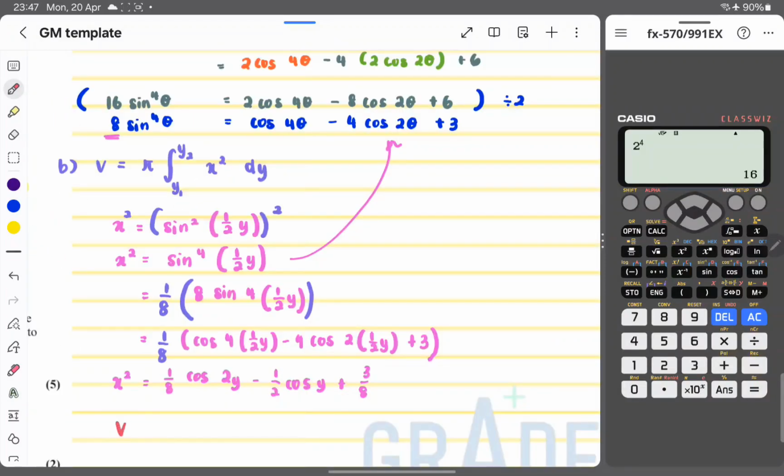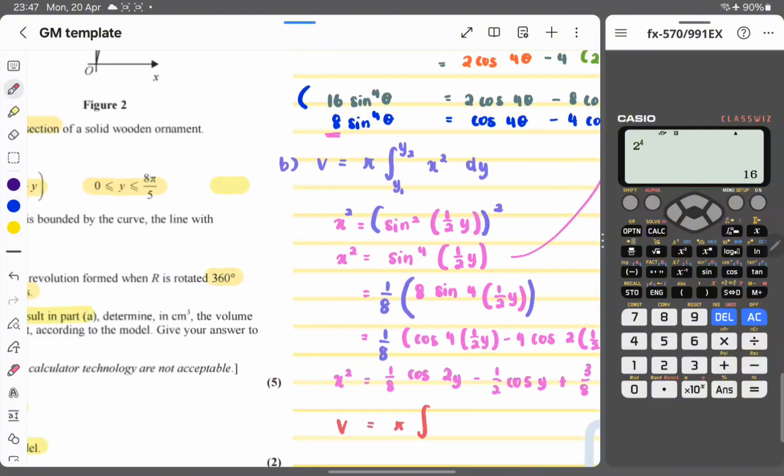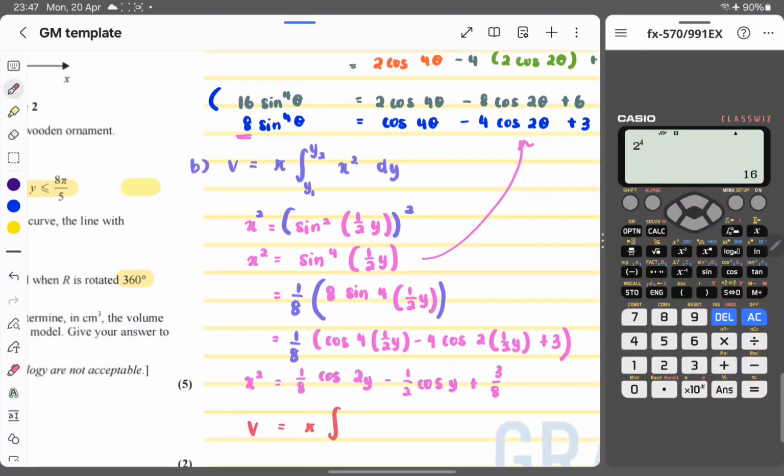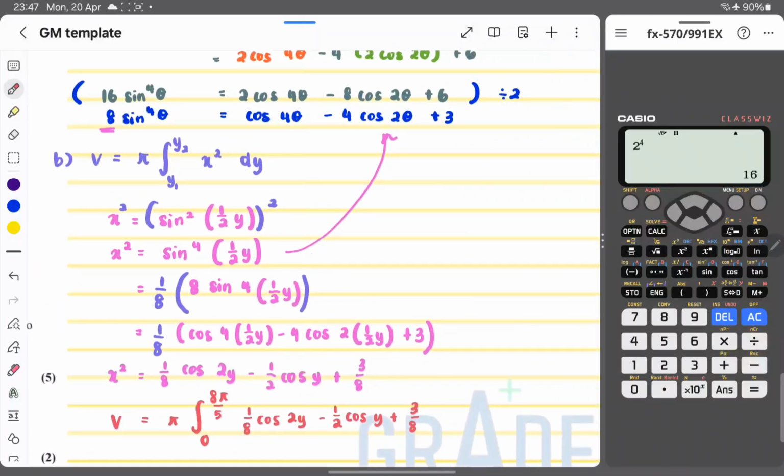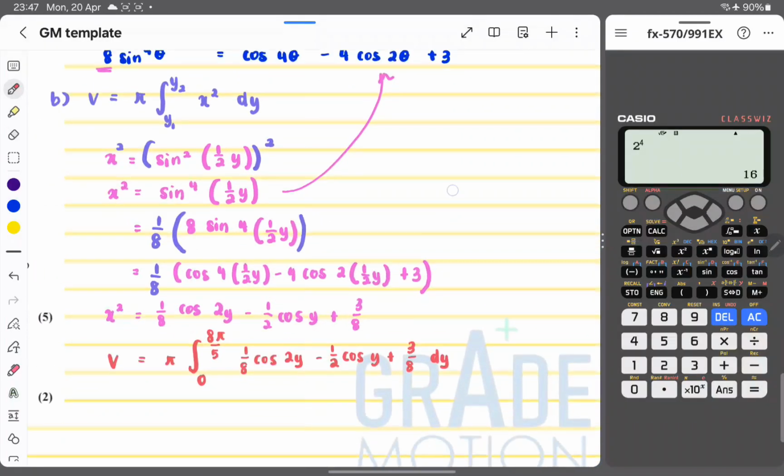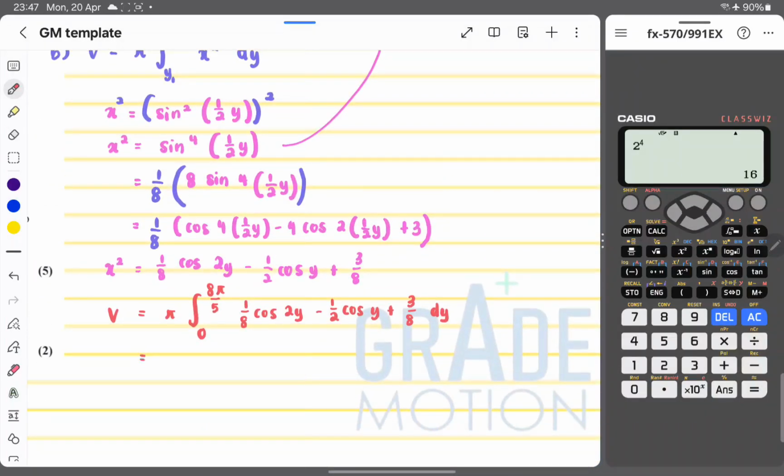So volume is equal to pi, integral from y1 to y2. So what is our y1? y1 is 0 until 8 pi over 5. And over here it would be 1 over 8 cos 2y minus 1 over 2 cos y plus 3 over 8 dy. So we can straight away integrate this.